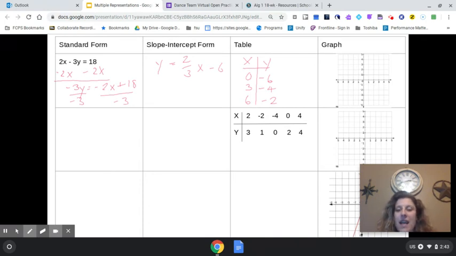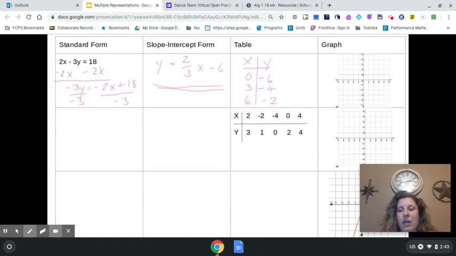Okay, let's go ahead and graph. We could graph the points that we just picked for x and y, or we could use the function in slope-intercept form to graph it. There are lots of different ways that we could get that graph. I'm going to be looking at the slope-intercept form and graphing it from there. So my y-intercept is negative 6. Oh, this graph only goes to negative 5.